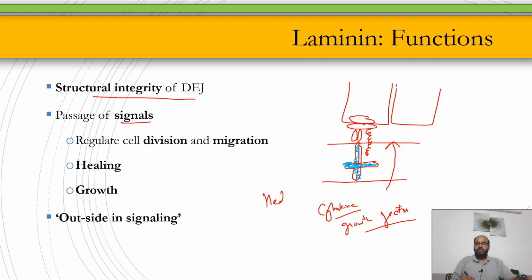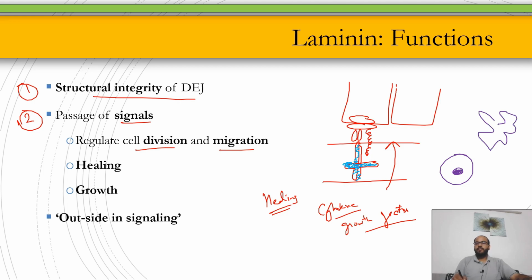Healing too, because all the factors which control healing will go through the lamina densa. So the first important point regarding laminins is that they control the structural integrity of the dermo-epidermal junction. They're also responsible for the passage of signals from the dermis to the epidermis. These signals regulate cell division and migration of cells, because remember all the inflammatory cells, let's say you have a lymphocyte here, or let's say you have dendritic cells.